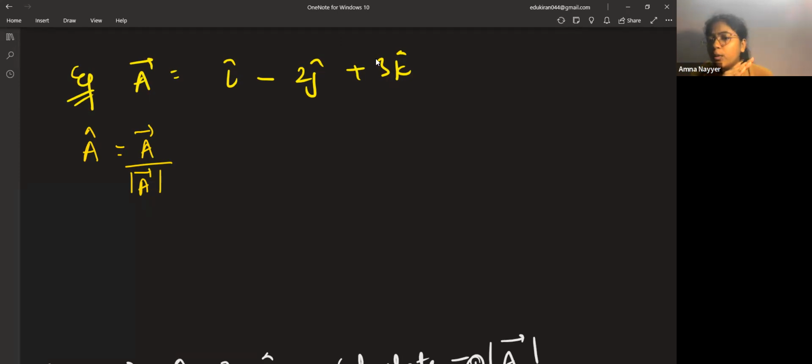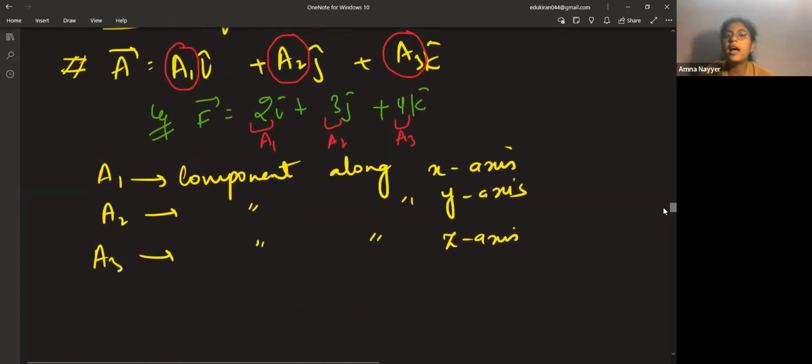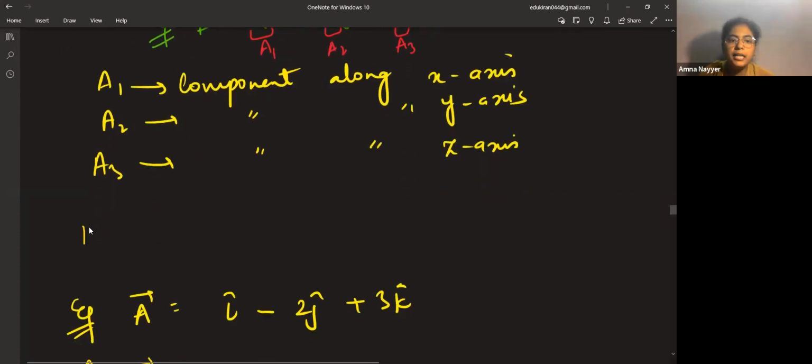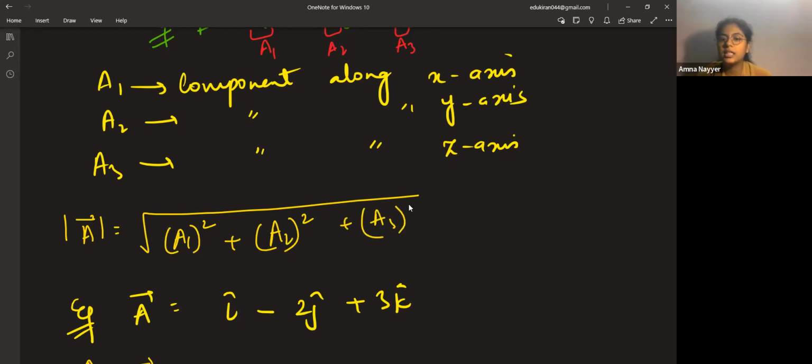See, whenever you have this Cartesian system, there is one specific formula by which you calculate its magnitude. Here I'll tell you the general one first. If you have A1 I cap plus A2 J cap plus A3 K cap, then the magnitude of this vector A is given by under root of the square of the coefficient of I cap, that is A1 square, plus the square of the coefficient of J cap, plus the square of the coefficient of K cap.